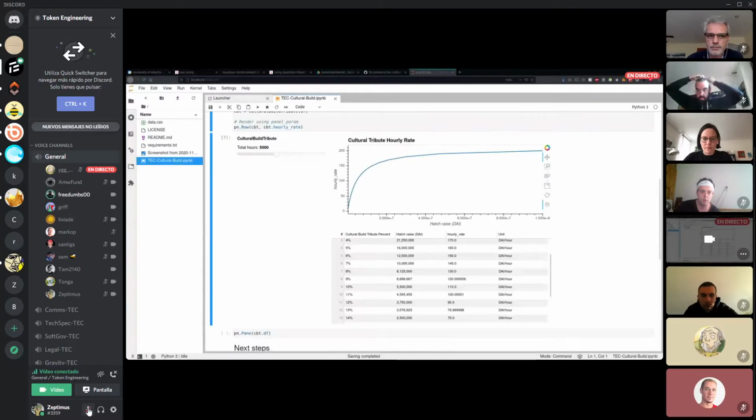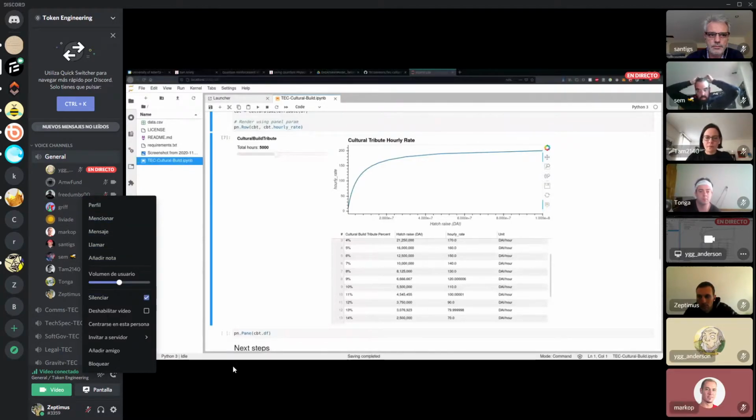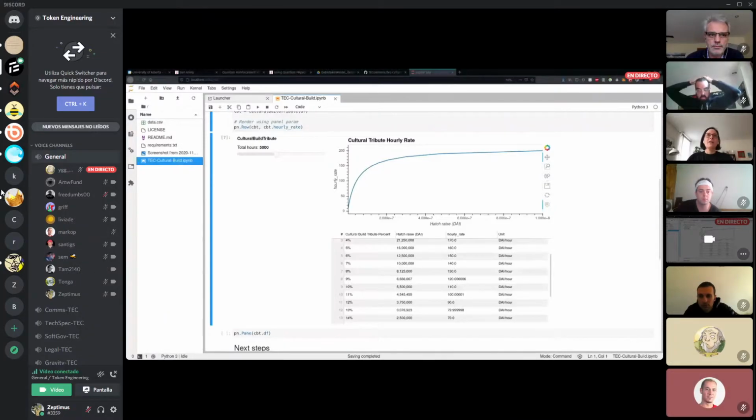It's more like hatch money comes in, a percentage goes to the funding pool, which is for TE projects, the rest goes to the reserve pool and mints tokens, and those tokens are split between impact hours people and people who put money in. That's probably the easiest way to think about it. Okay, I see.